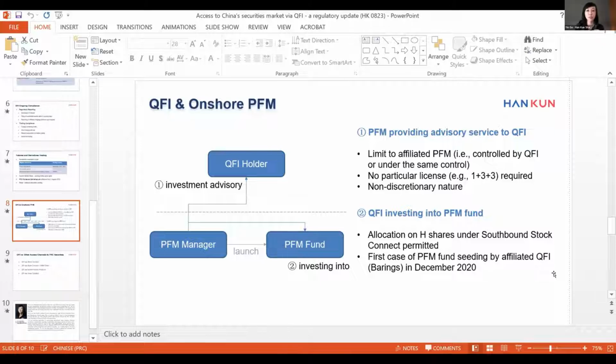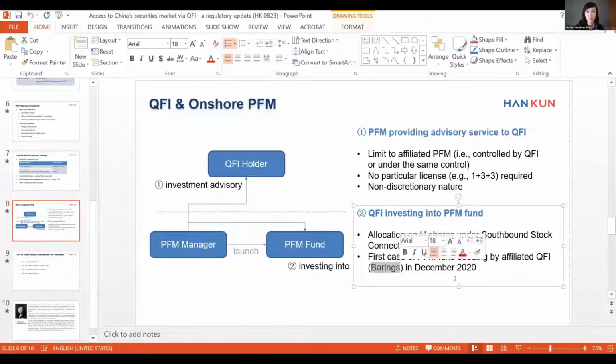So it means the PFM can actually use the QFI's money to resolve the seeding capital problem, because some of the managers are new to the market, and distribution is challenging, especially at the initial stage. We have seen a successful case on the market, where an onshore PFM product was launched by Barings, the asset manager, and they used their own QFI to seed their PFM fund. That one was launched at the end of 2020.